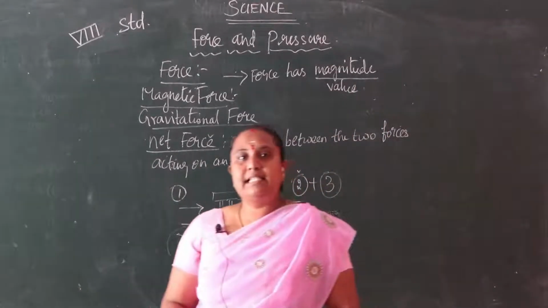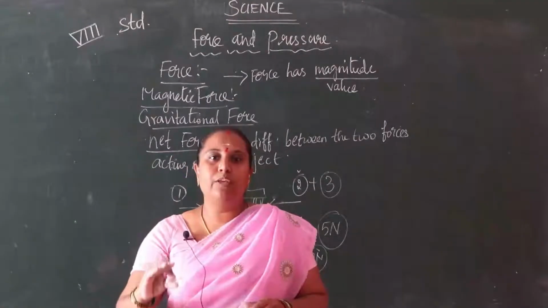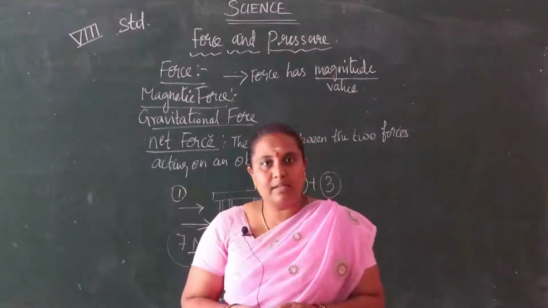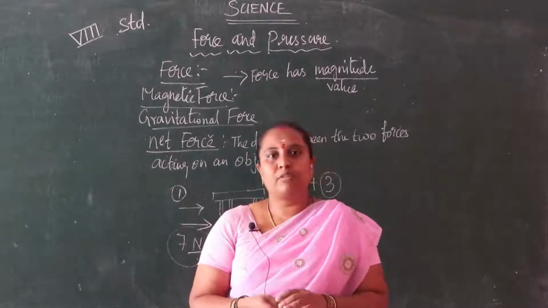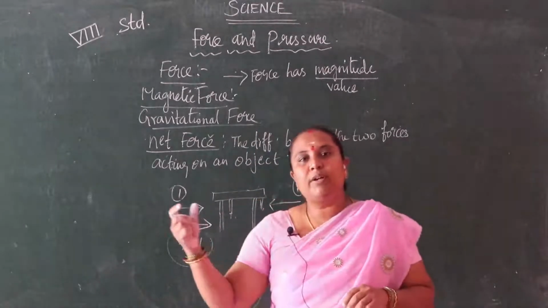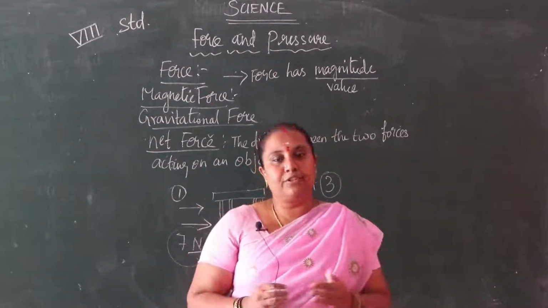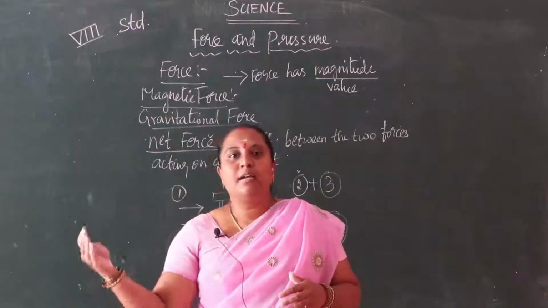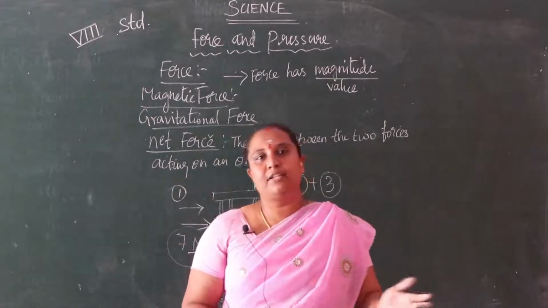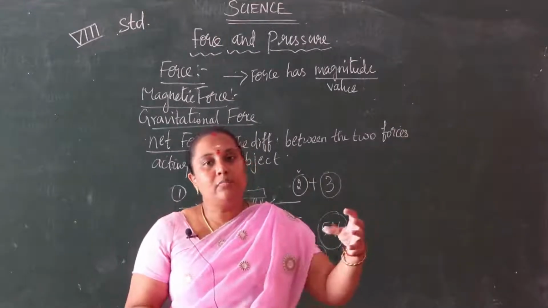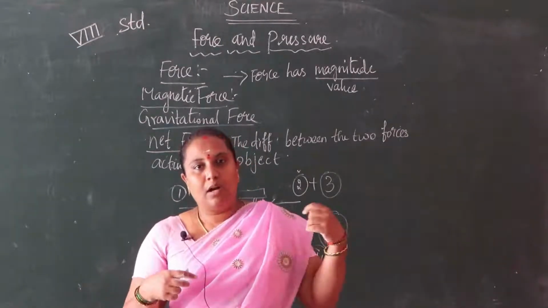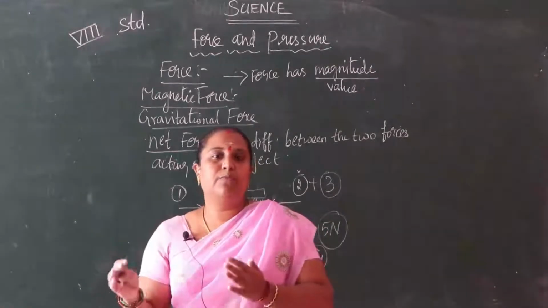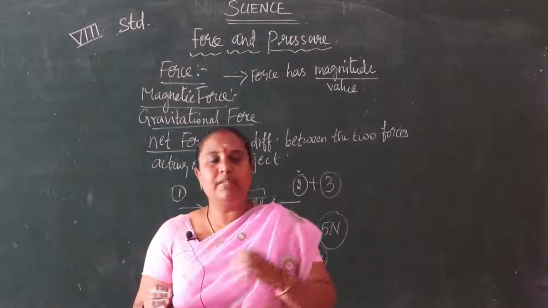And we can say that force is moving from this side to this side. We can say wind is also a force. Wind is moving from the left direction to the right direction. While the wind is moving, we are pushed by the wind in the direction it is blowing.